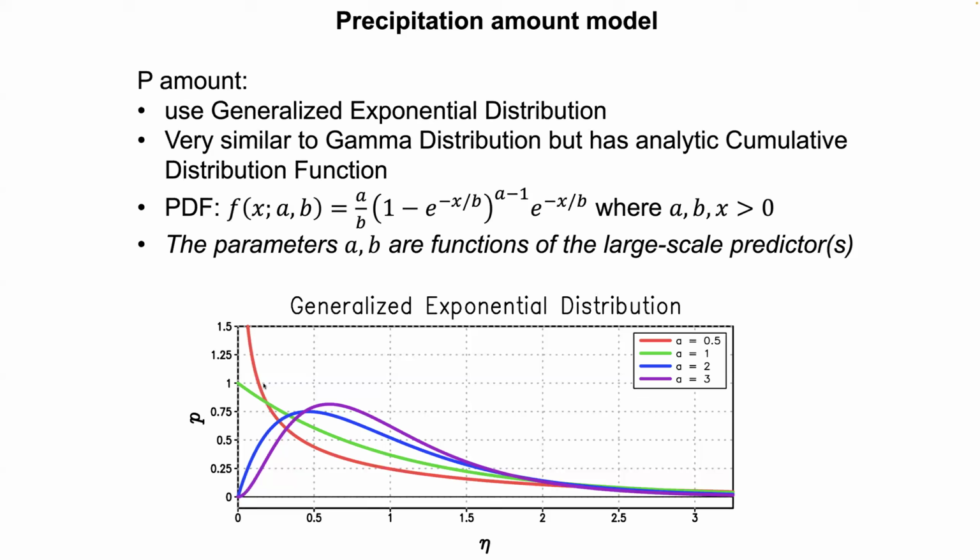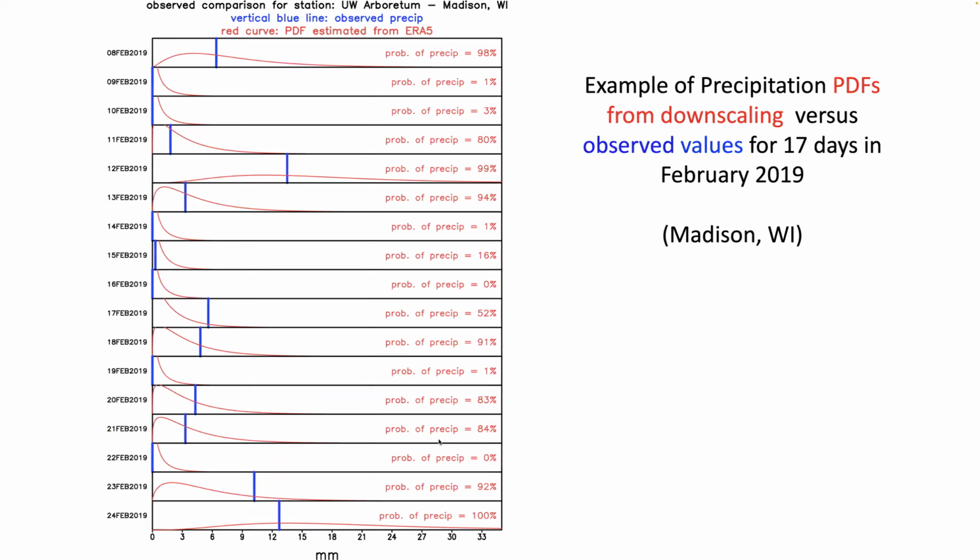It can look like a steep drop-off in the red. It can look like a typical exponential drop-off in green, or it can look like the blue and purple, where you're going to peak here somewhere between, say, half an inch and an inch of rainfall. So it all depends on the conditions for a given day, what those parameters are, and therefore what kind of shape your distribution looks like.